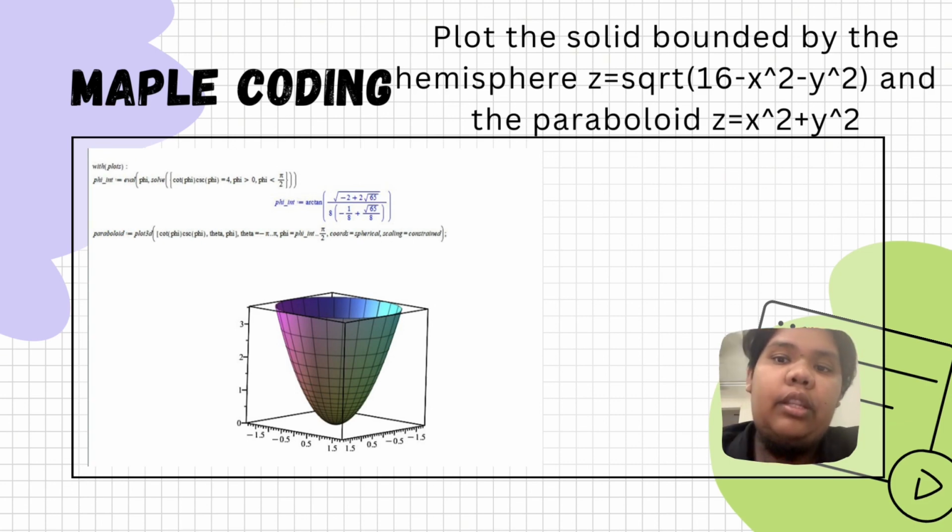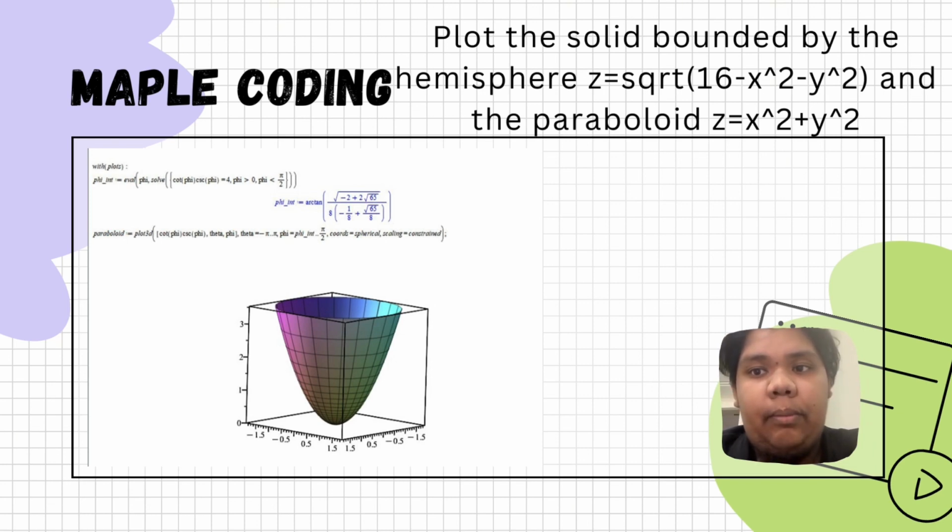For our next shape we use the command plot 3D cotangent phi, cosecant phi, theta, phi, theta, where the limit of theta is negative pi to pi.